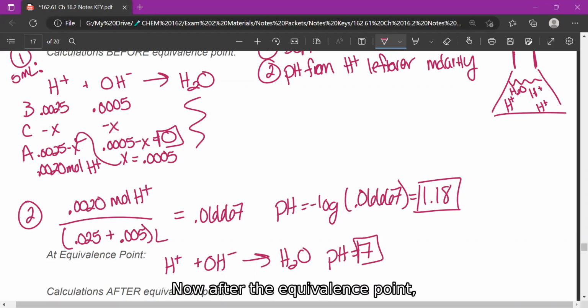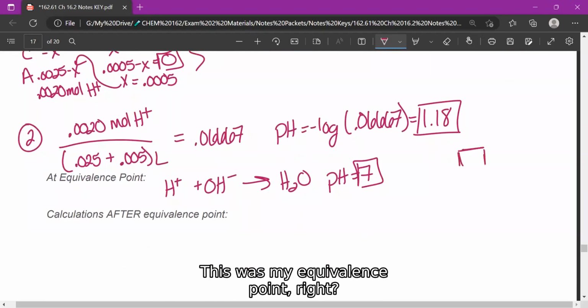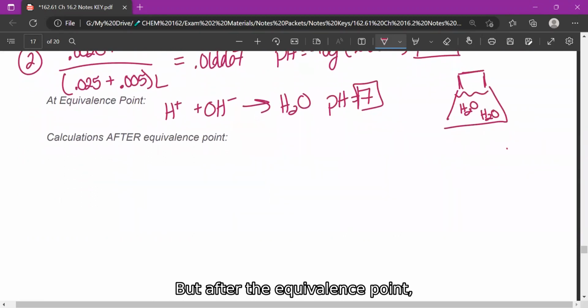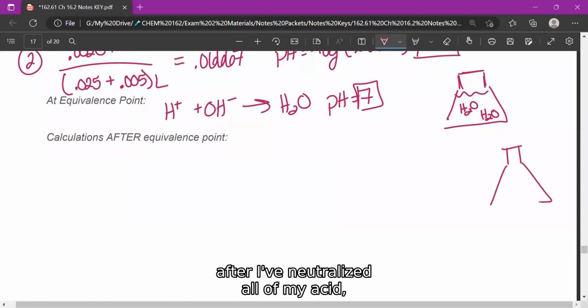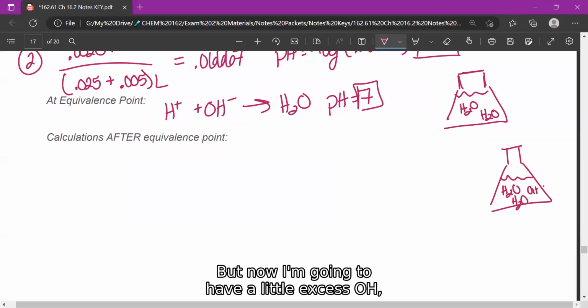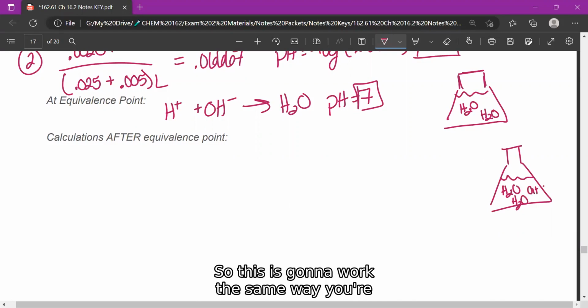Now, after the equivalence point, I should have excess hydroxide. So I'm going to draw, this was my equivalence point, right? I don't have any excess anything. It's all water molecules, all of it. But after the equivalence point, after I've neutralized all of my acid, now I'm going to have waters in there, but I'm also going to have a little excess OH minus because I would have added past the equivalence point. So this is going to work the same way.